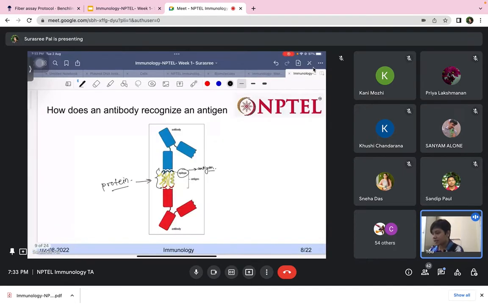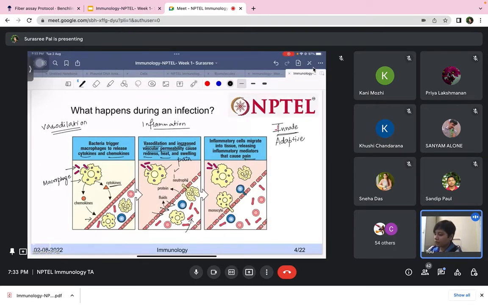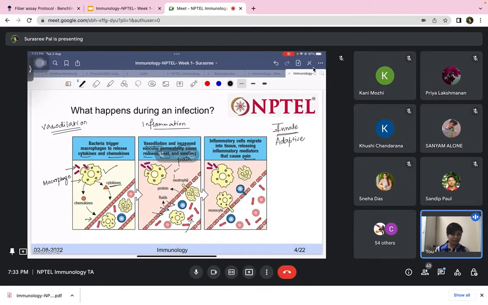So this diagram that I had shown you, this engulfing of bacteria by the macrophage, actually occurs through some receptors. So just like that, a macrophage cannot go and engulf the bacteria. It has to recognize first that it is a bacteria and it is not some cells of the self, right? So how does this recognition take place?